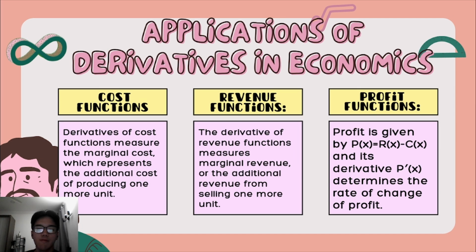The derivative of the revenue function measures the marginal revenue, or the additional revenue from selling one more unit. The third is the profit function. The profit function is given by P(x) equals R(x) minus C(x), and its derivative, P prime of x, determines the rate of change of profit.